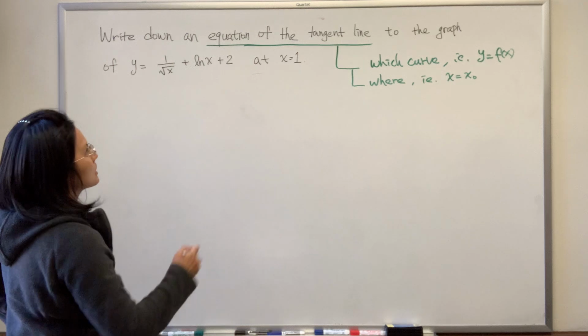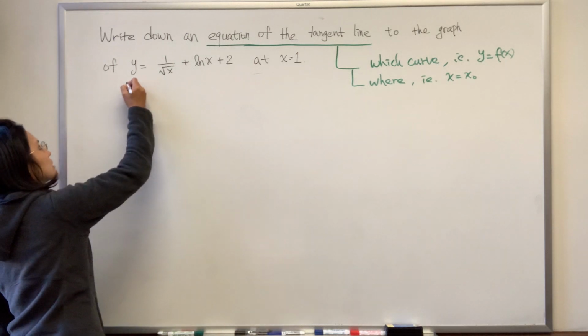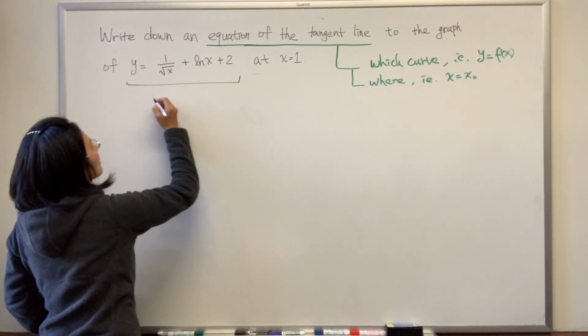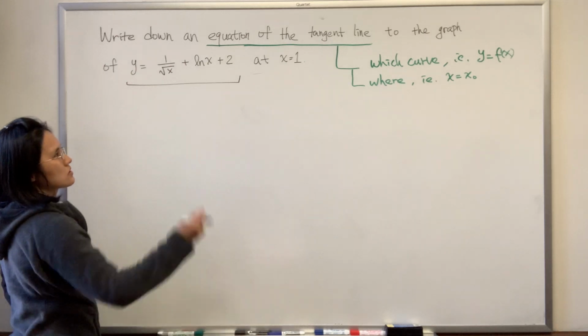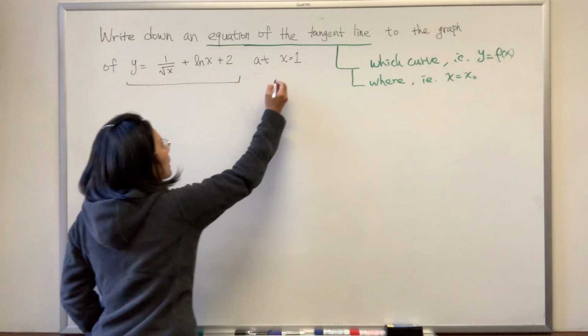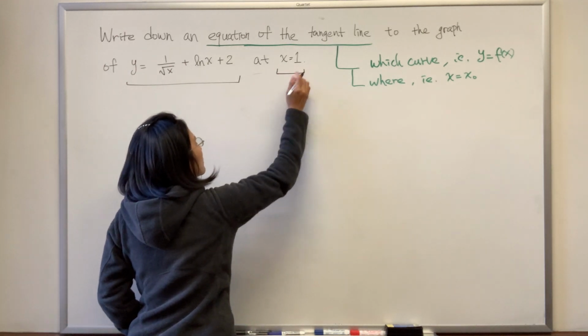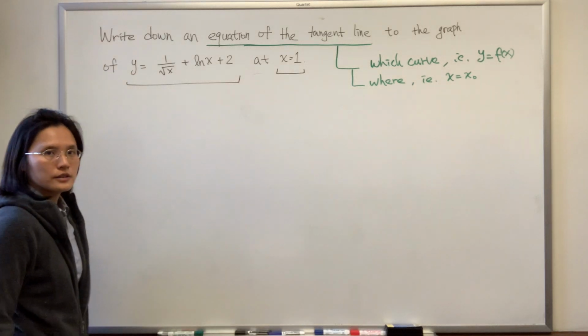So apparently, if you continue reading, this is y equal to f of x. This is the curve, and x equal to 1 will give you the where, right?